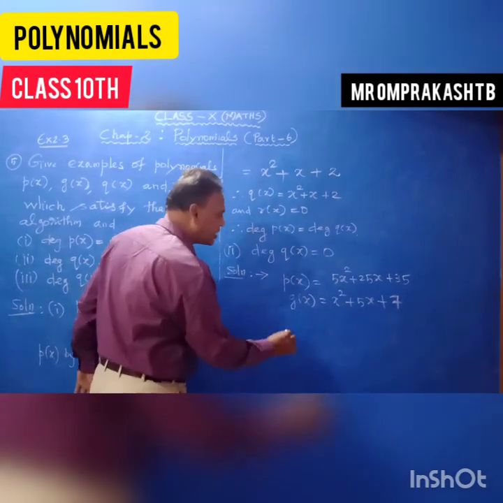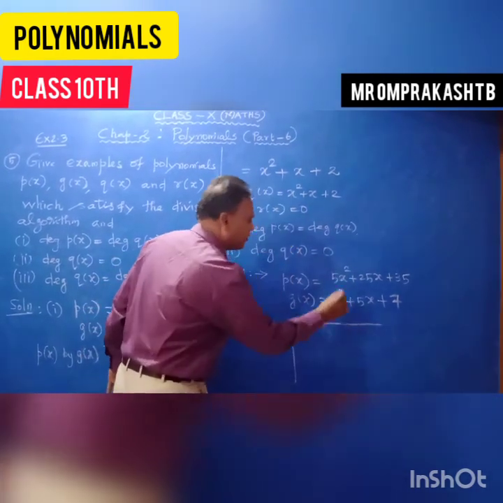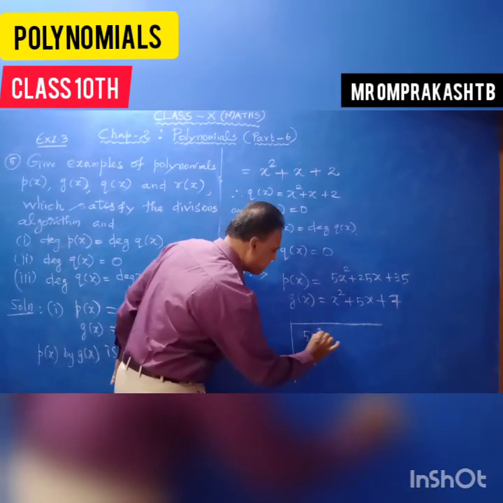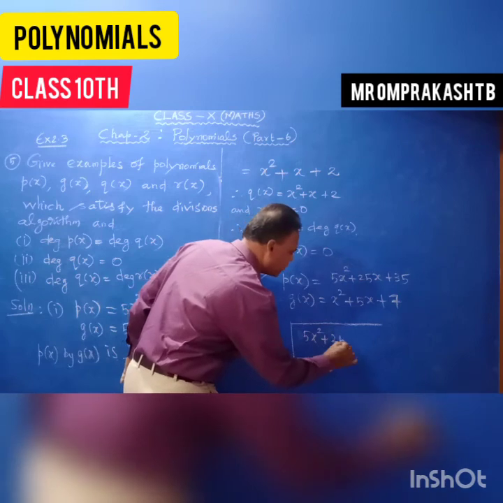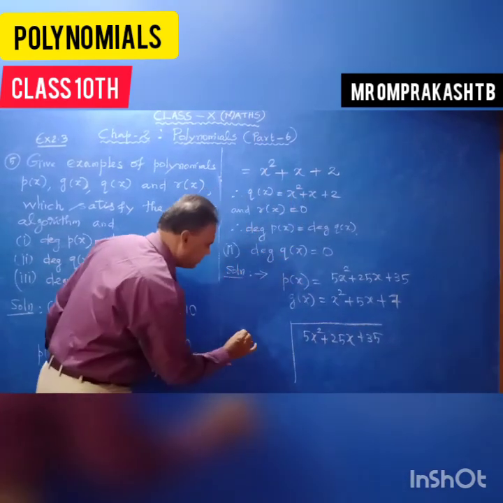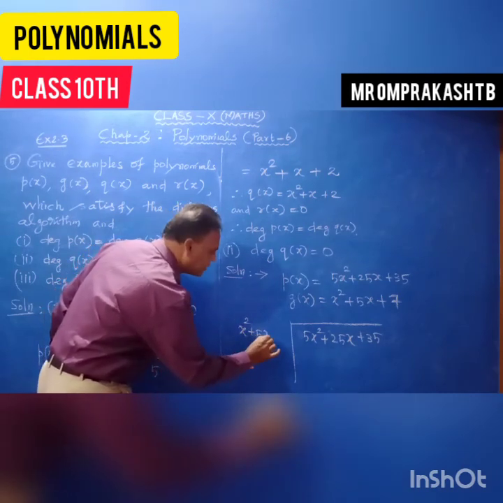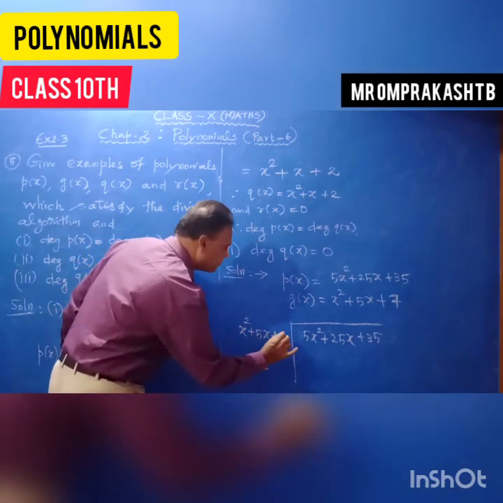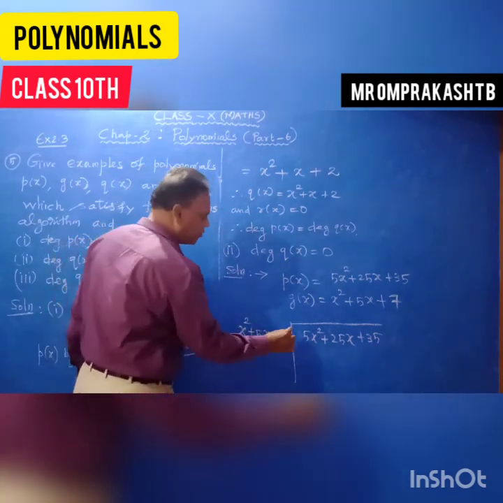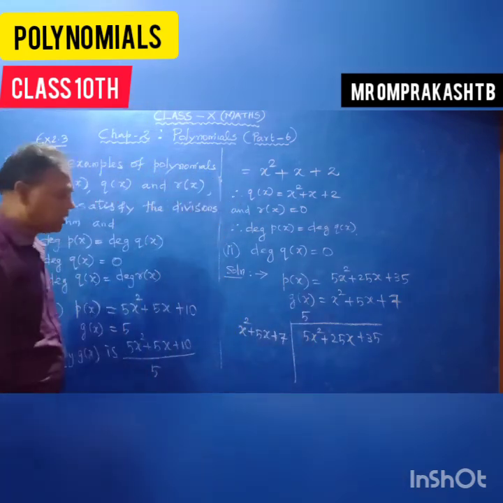Now divide and see what will happen. Divide 5x squared plus 25x plus 35 by x squared plus 5x plus 7. 5x squared by x squared is 5.